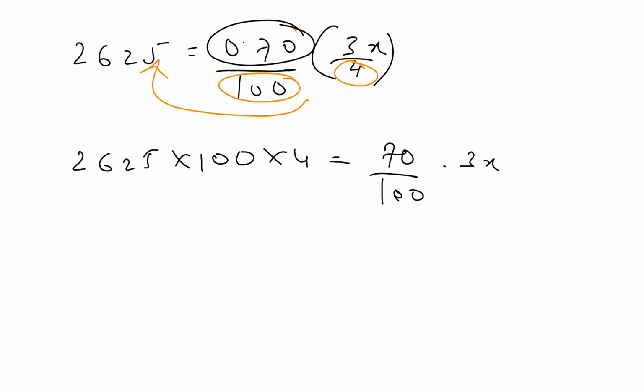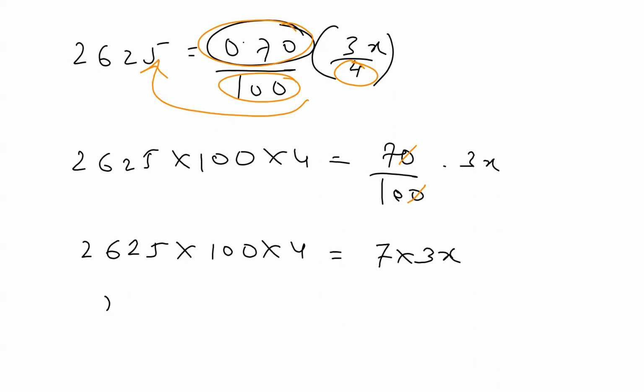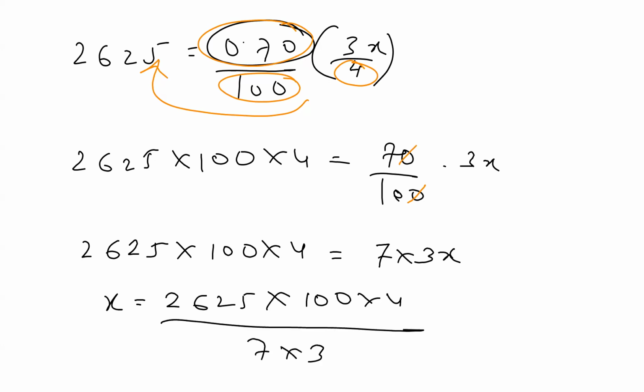Then we are left with 0.70, which is written as 70 upon 100. 0 will get cancelled. So 2625 into 100 into 4 is equal to 7 into 3x. So x will be 2625 into 100 into 4 upon 7 into 3.